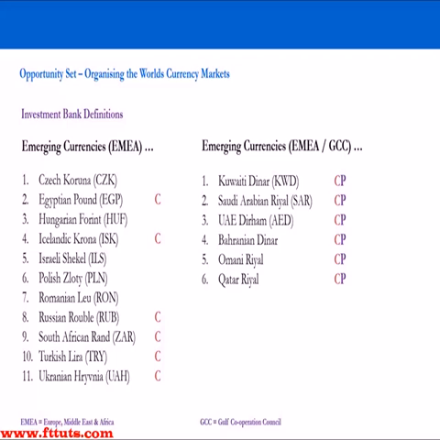The P stands for pegged, and this is a Forex regime. We're going to look more closely at Forex regimes in video number 2. But for now, we just need to know that there's two main Forex regimes. The first one is a floating regime, where a country's currency has the ability to float freely against all other currencies in the world.